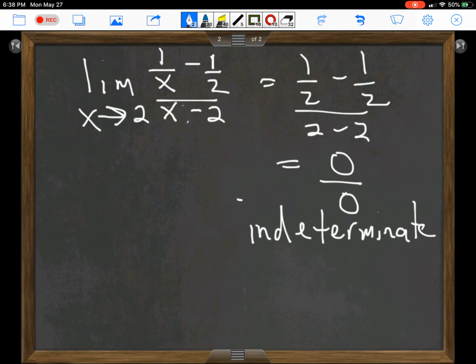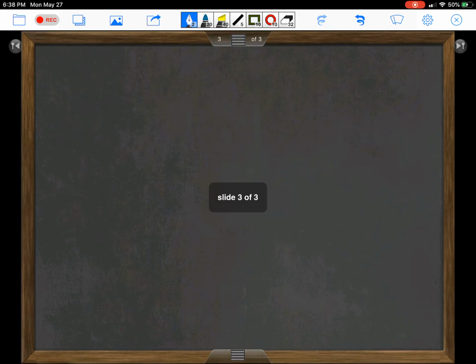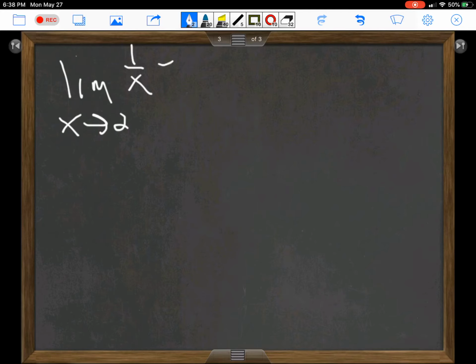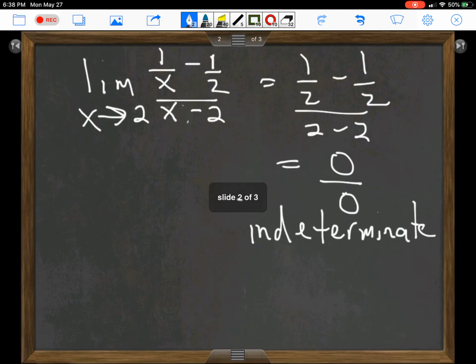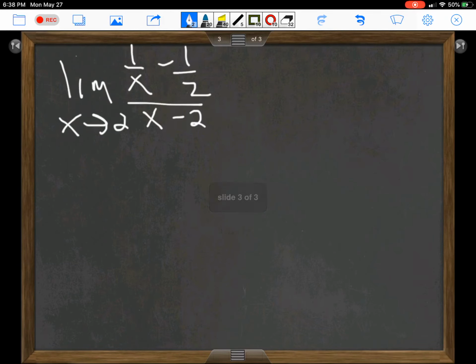If we see fractions, in this case, we're going to use our technique for adding fractions together. So write the problem over again. The limit as x approaches 2 of 1 over x minus 1/2, over x minus 2. We just double check, make sure that's what we wrote, and that is in fact. So let's begin. Equals.